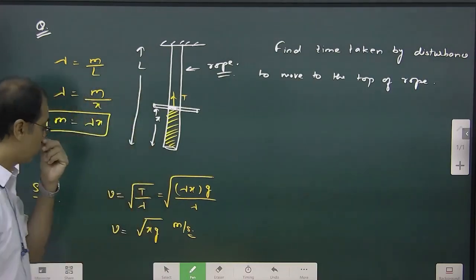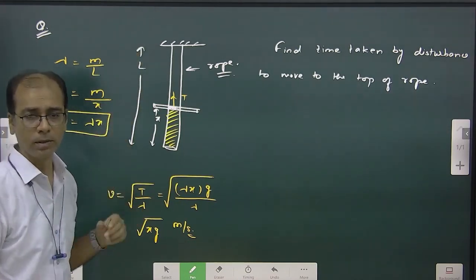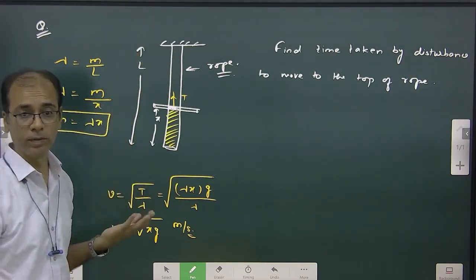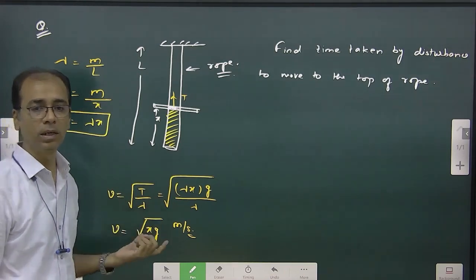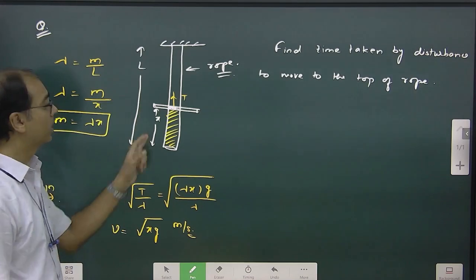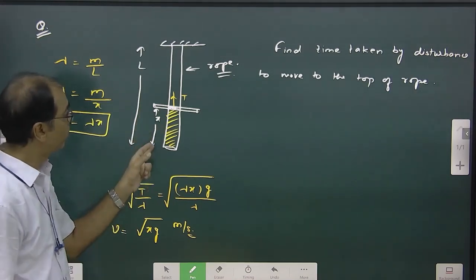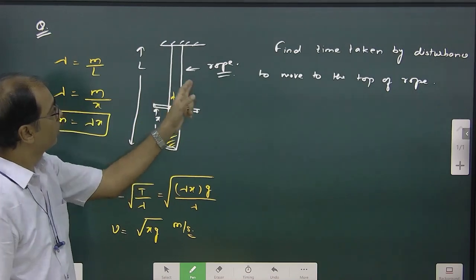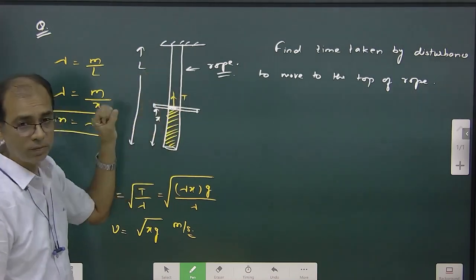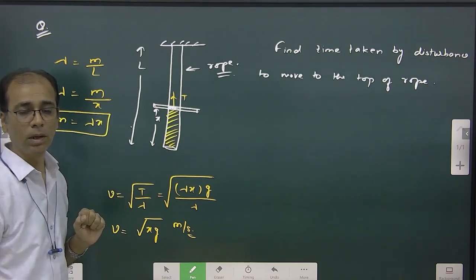But in this one, what is the problem? Normally we would have done distance by speed, because the speed of the wave so far we have seen is constant. But here it's not constant. Why? Because x is not constant. x is the position of this point from the bottom. If I take it over here, its value is different.